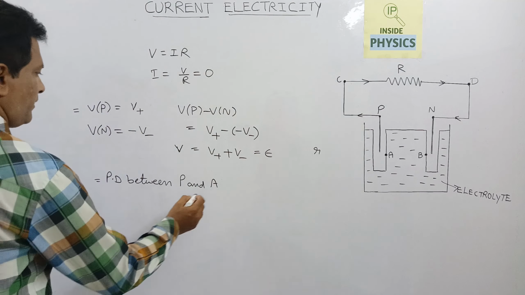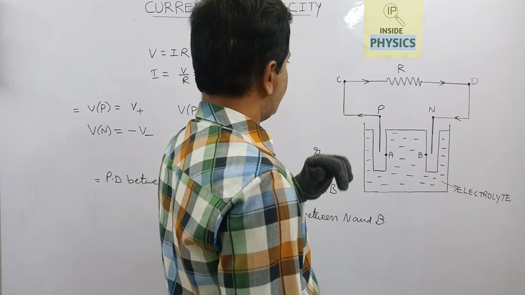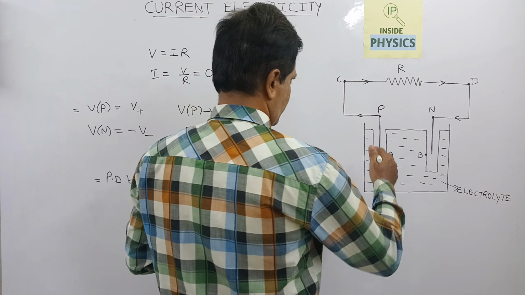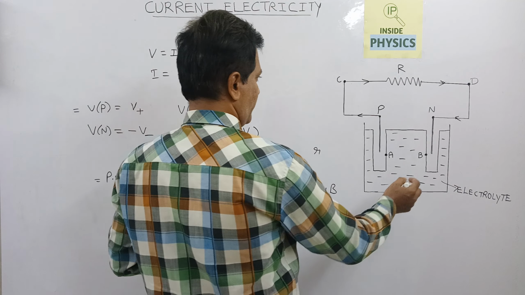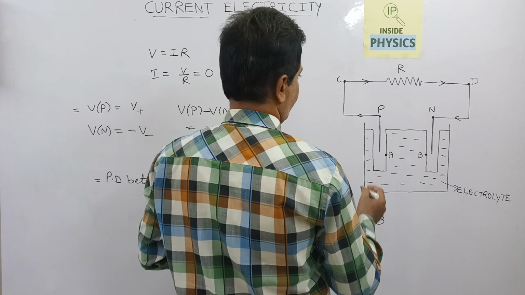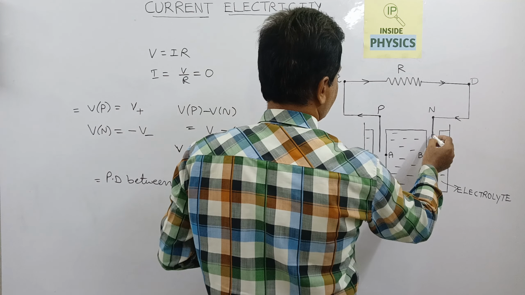Okay. Now what happens when we allow the current by considering R as a finite resistance, so that the current is also flowing through the electrolyte. See, the current is flowing in this direction in the circuit.